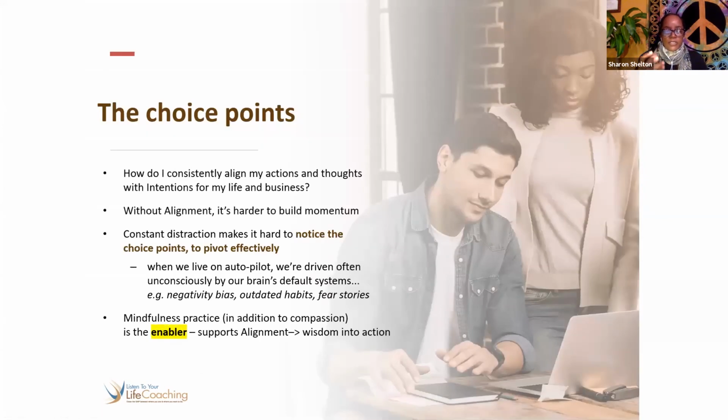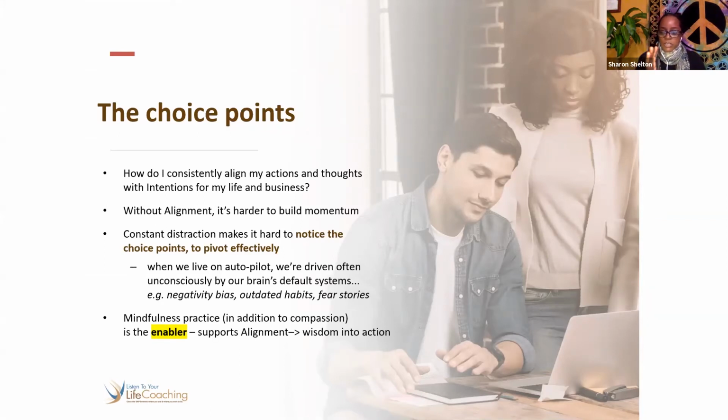So I talked about the choice points, and this is the secret sauce in a lot of this stuff that I've been sharing and Darlene has been sharing as well, because we talk a lot about intention and knowing your why and staying in alignment with that intention, managing your mind to manifest that intention.